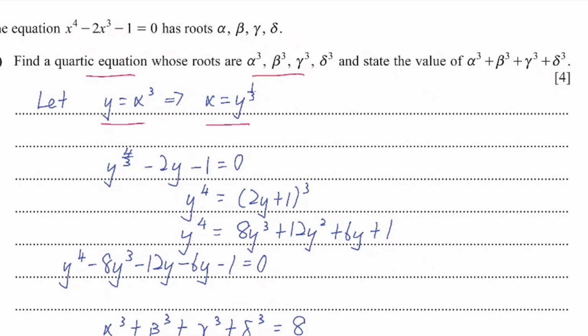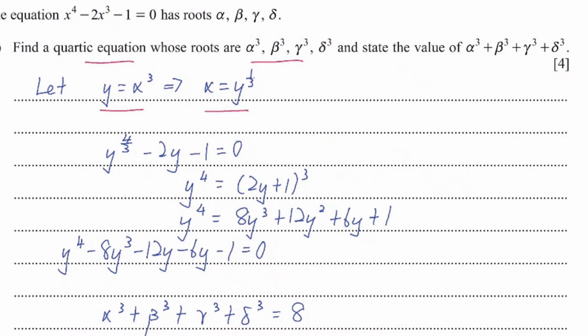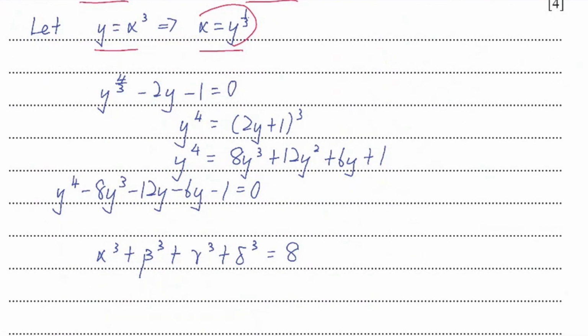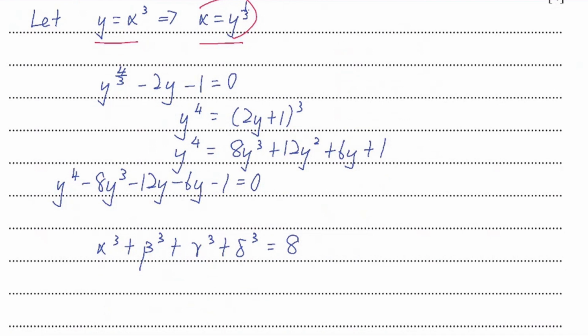Make alpha the subject so that we can substitute this alpha into the equation, because alpha here should satisfy the equation. So we substitute that in. What happens is that we want to make it into another quartic equation. At some point we will get y to the power of 4 over 3 equals 2y plus 1.